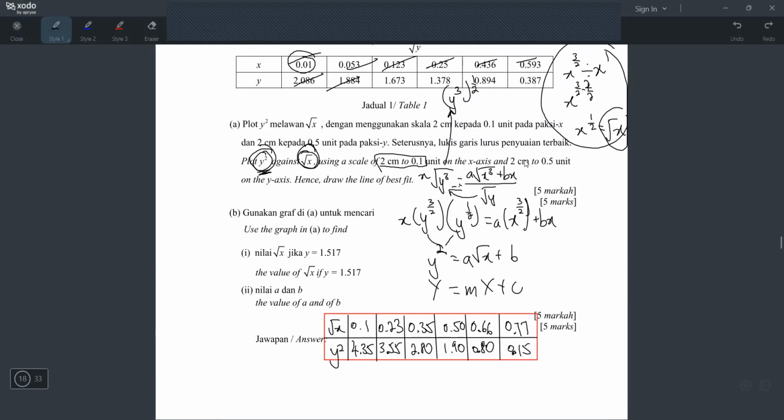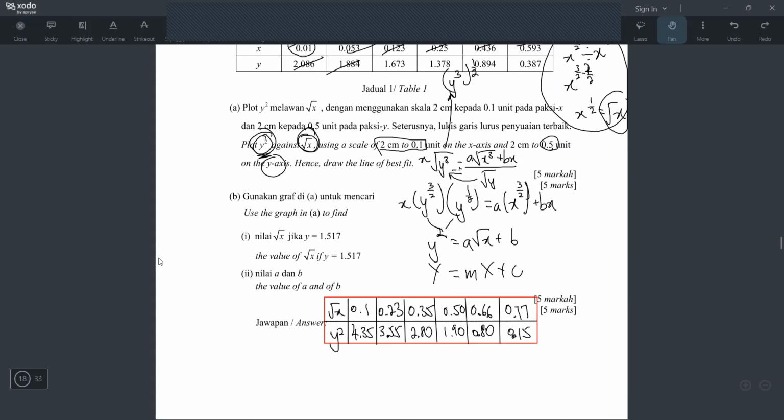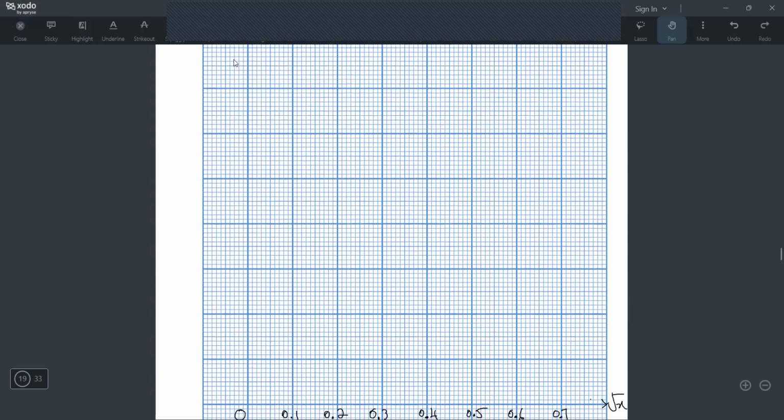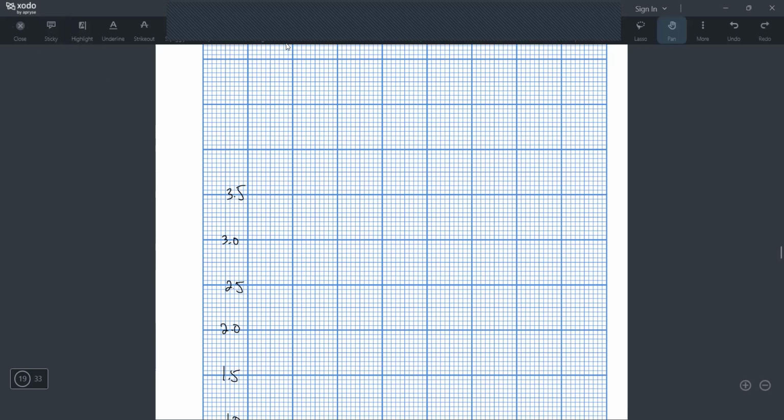So what about the y-axis? The y-axis scale here is 2 cm to 0.5 on the y-axis, but the highest value here is 4.35. So if I go 0.5, I have to make sure I go up until 4.5. So 0.5, 1.0, 1.5, 2.0, 2.5, 3.0, 3.5, 4.0, 4.5.